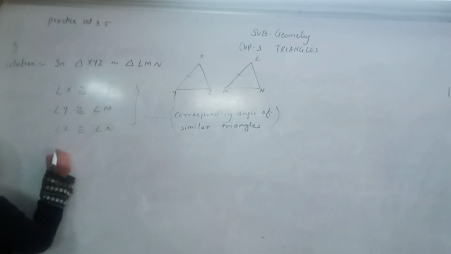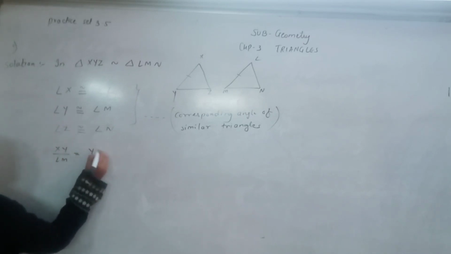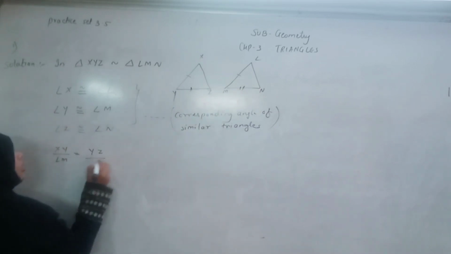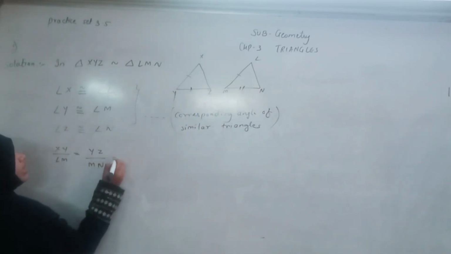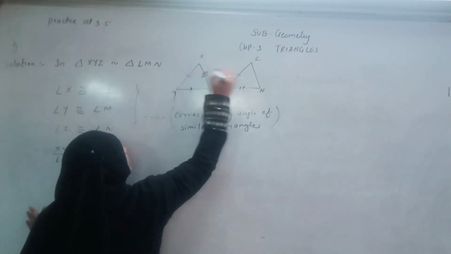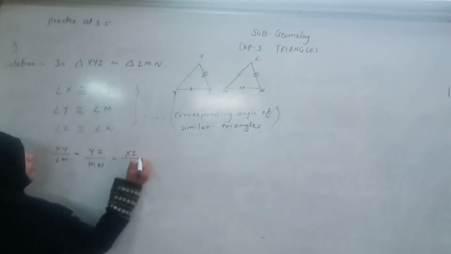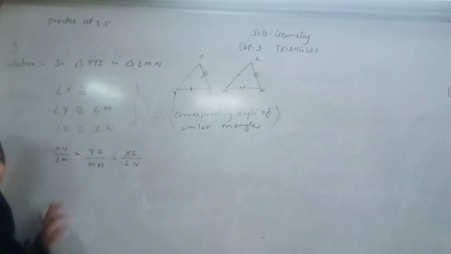So therefore XY ratio will be with what? XY upon LM equals YZ upon MN. See, I am taking these two sides. Then I am taking the third side, XZ upon LN. Understood?